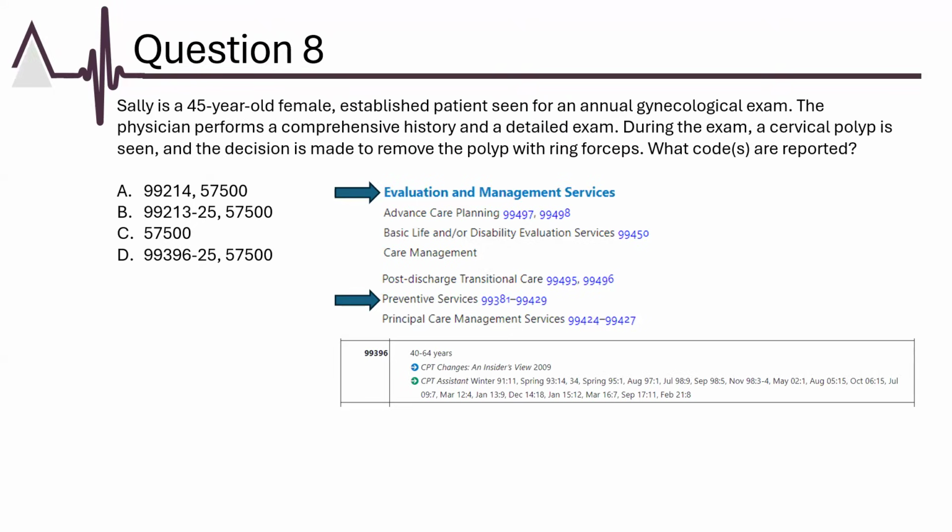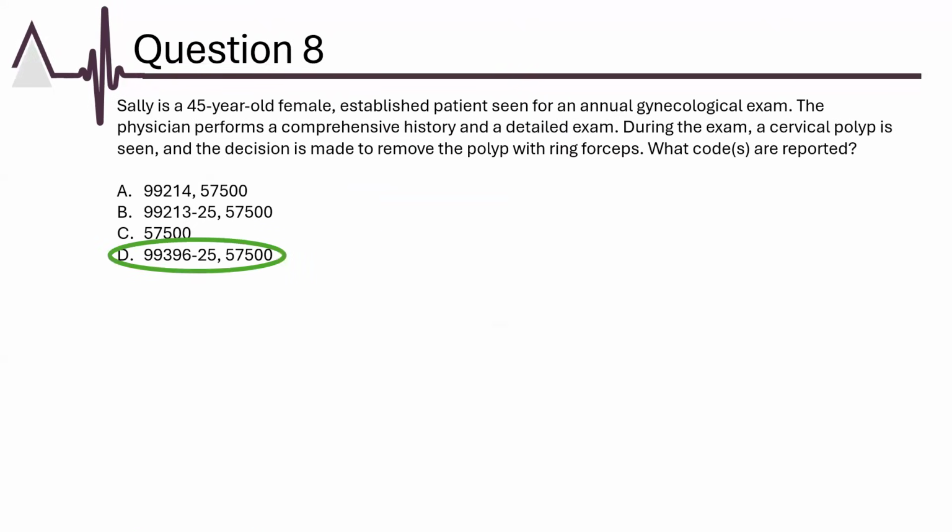Since this is a 45-year-old established patient, the correct code would be 99396. If this were the exam, I would choose option B now, as it's the only option that includes a CPT code. And we know that the procedure was done, and the procedure is listed as an answer choice in all 4 questions, so we know that's correct.